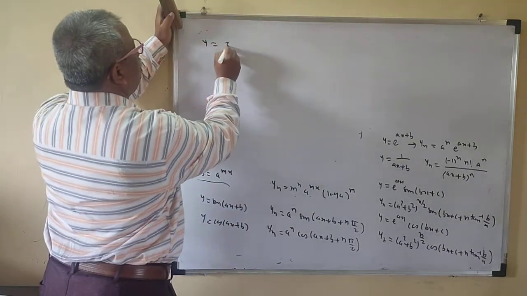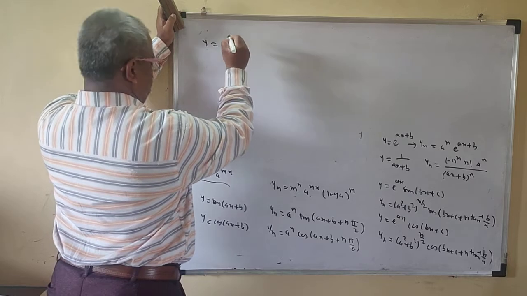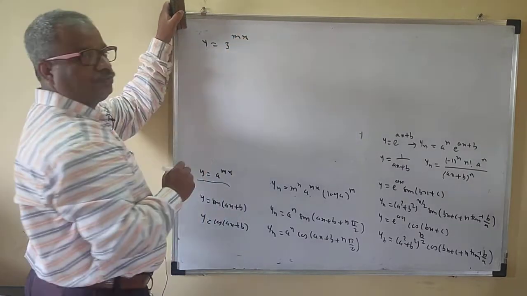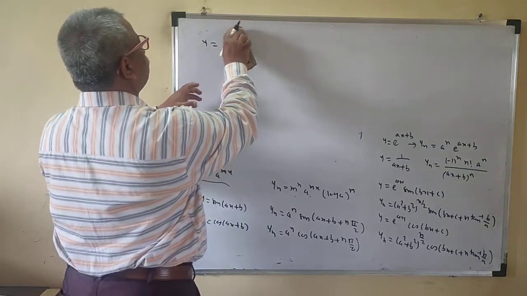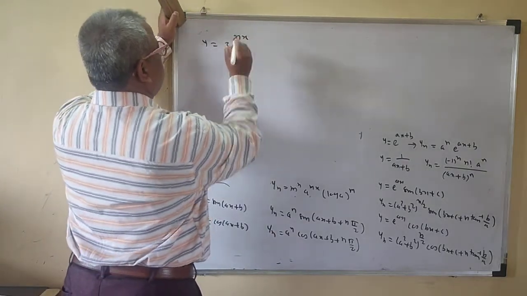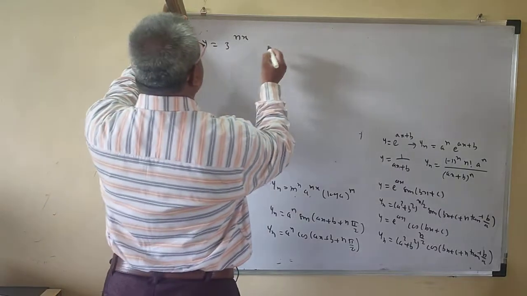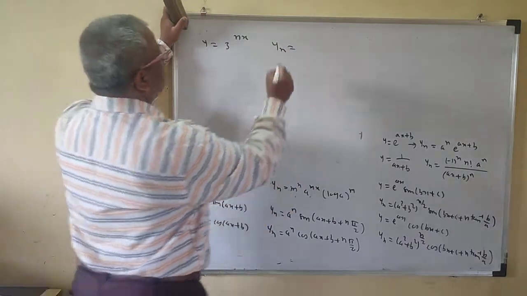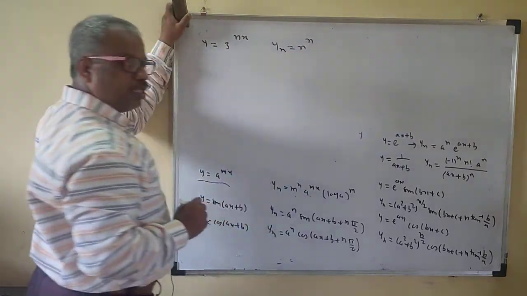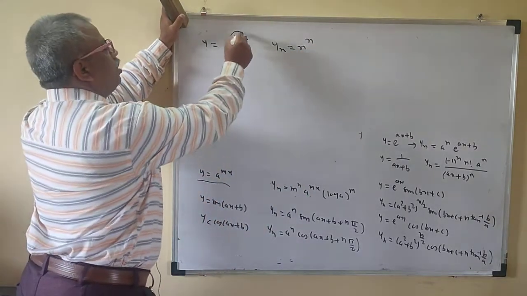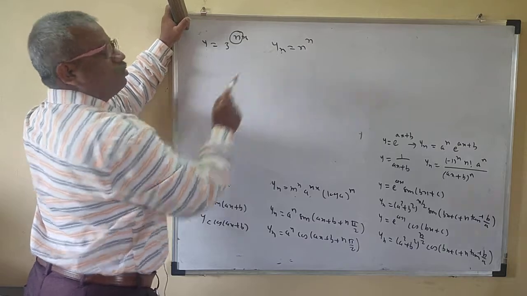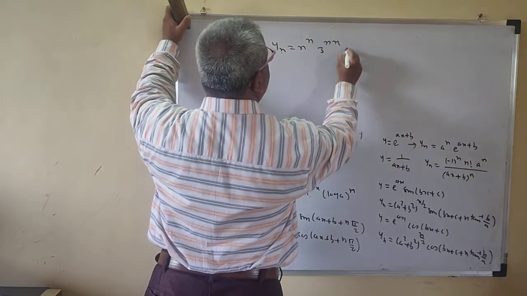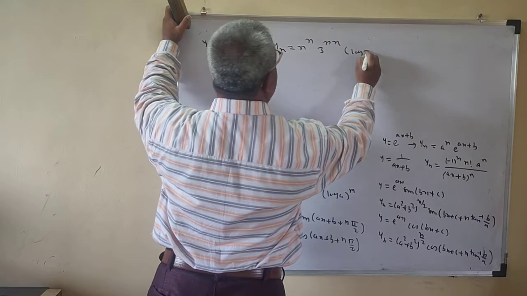They may ask something like this: if y is equal to 3 raised to nx, then y_n is equal to what? m raised to n, that means n raised to n. Whatever this number is, you have to take the power of this. a raised to mx, so 3 raised to nx as it is, and log of 3.